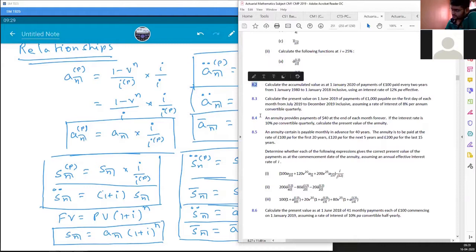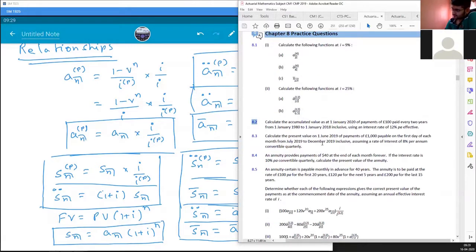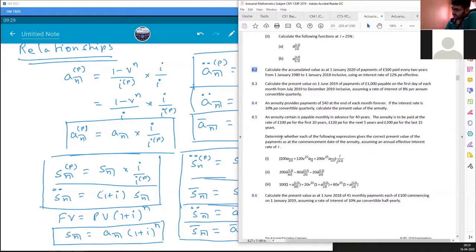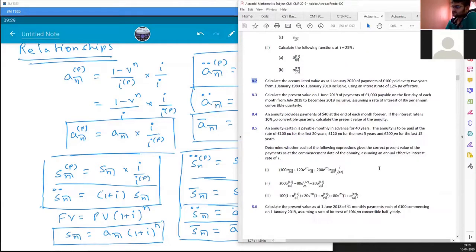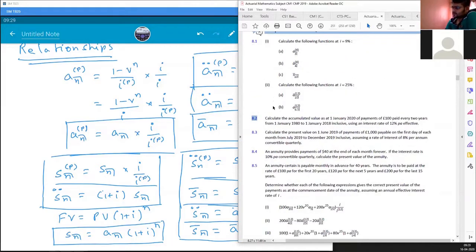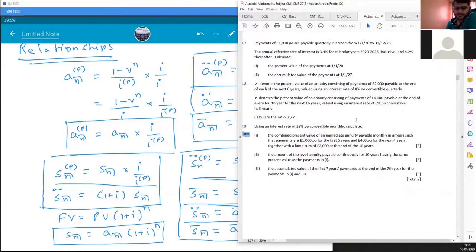We solved this 3-4 questions. Solve the others. So we have 4 questions as homework: 8.1, 8.6, 8.7, 8.8 and 8.9. That is homework.